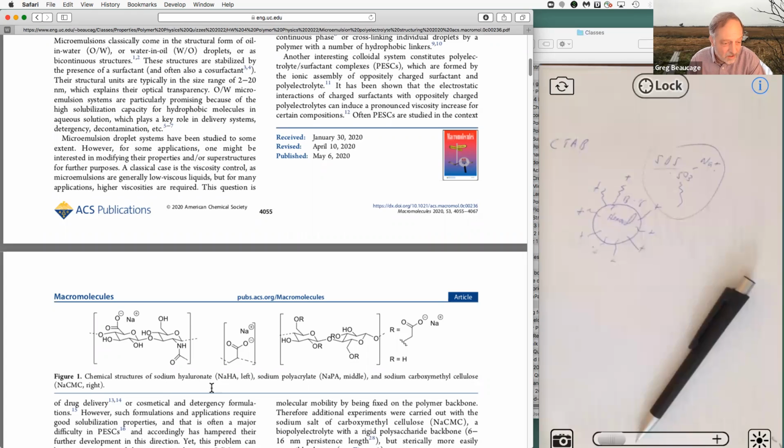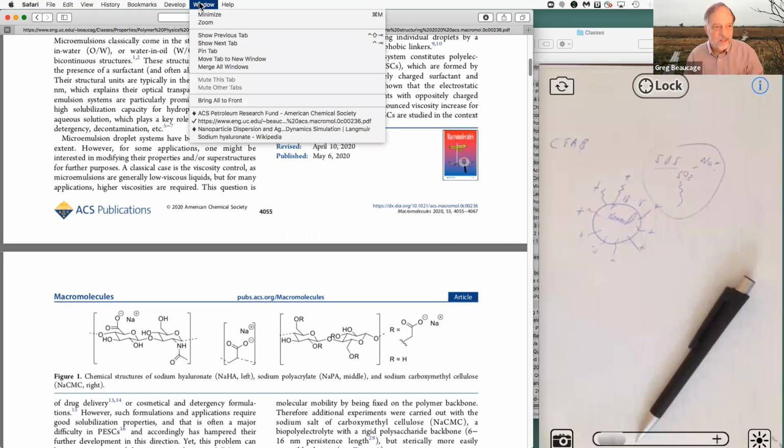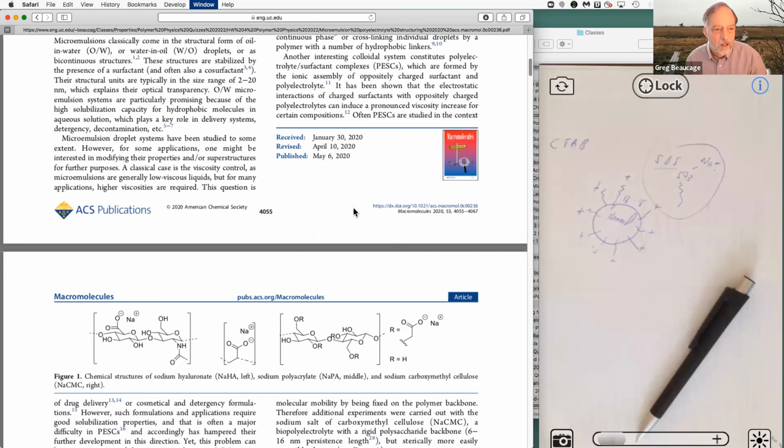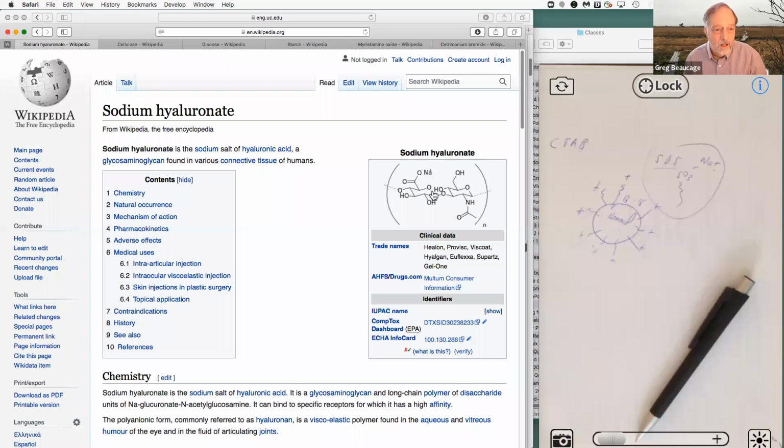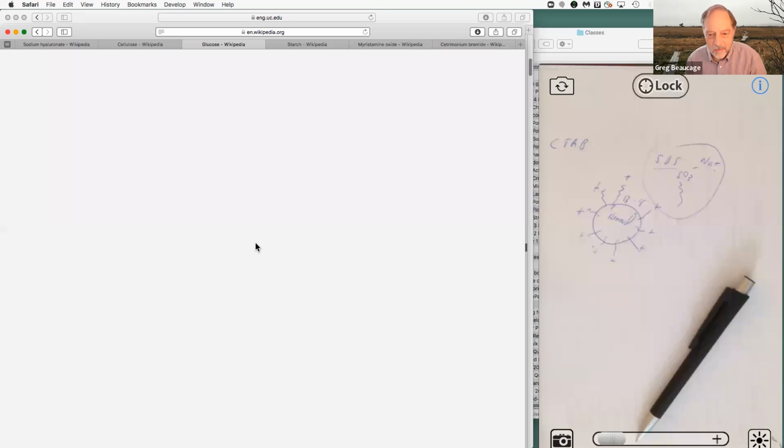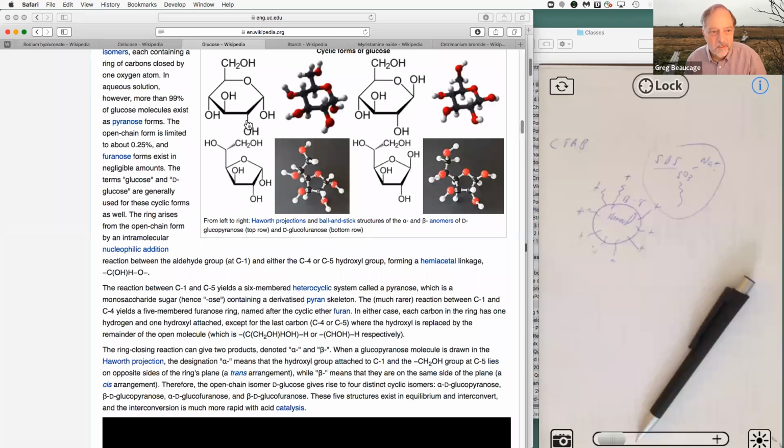This is sodium hyaluronate, and that's the wiki page for that. But you notice that this backbone, this 6-member hetero ring, is the same as the glucose ring.